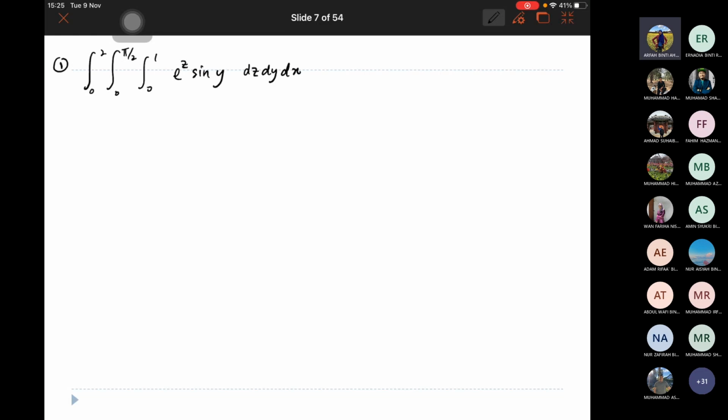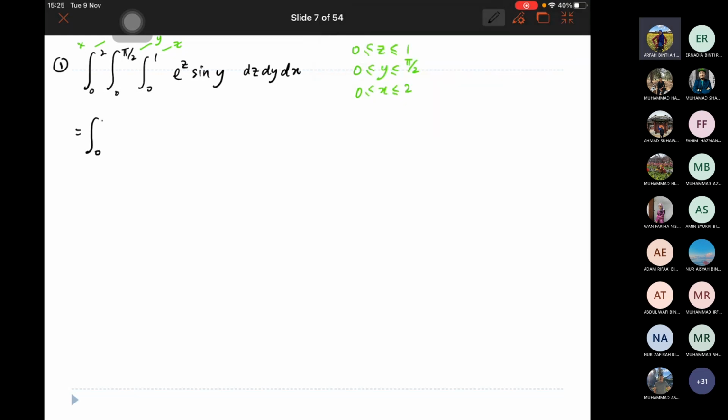So from here, kita nak dapatkan dia punya integration for this one. So kalau awak confused, tengok dekat sini, ini limit untuk z, ini limit untuk y, dan ini adalah limit untuk x. So z taking the value between 0 and 1, y taking the value between 0 and pi over 2, and x taking the value between 0 and 2.